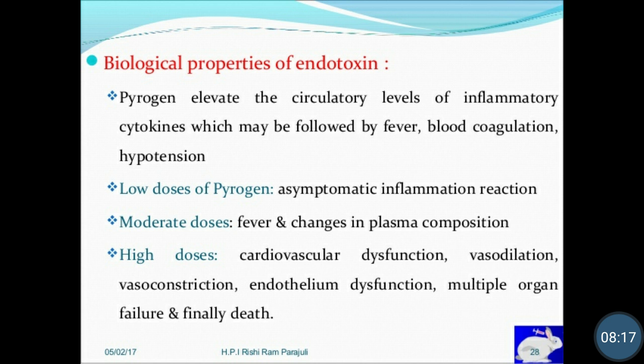If any foreign particles enter our body, it leads to inflammation because of the secretion of different cytokines, which may again lead to fever, blood coagulation, or a change in blood pressure, that is hypotension.